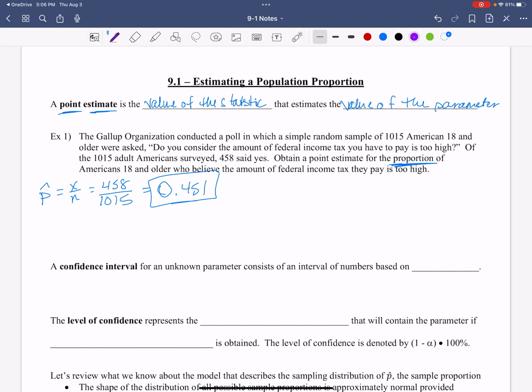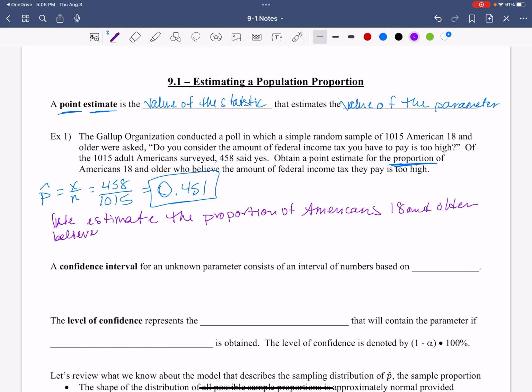We estimate the proportion of Americans (18 and older). We always say that because then we say the adults, right, at that point. Believe, because they're the ones that are actually paying taxes if you have a job.